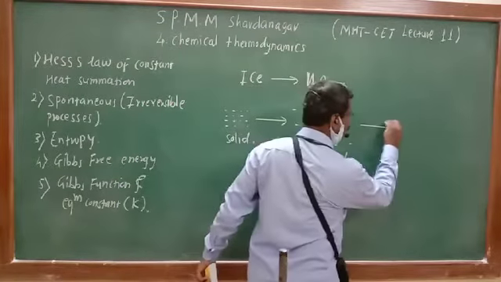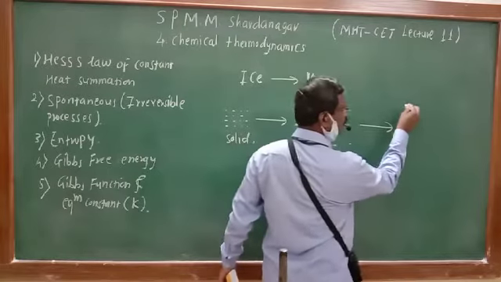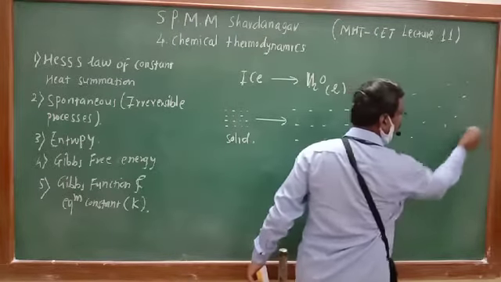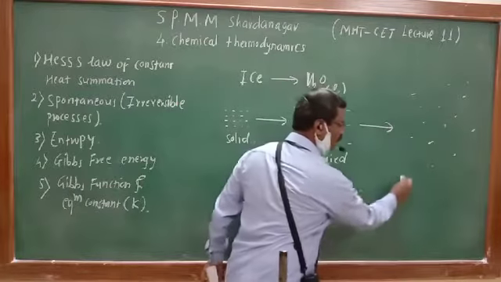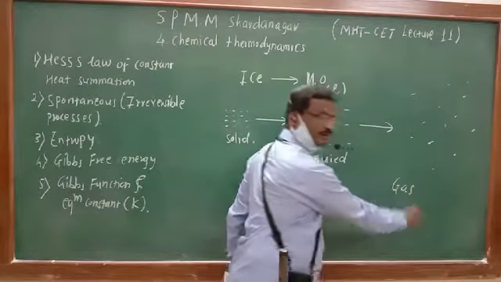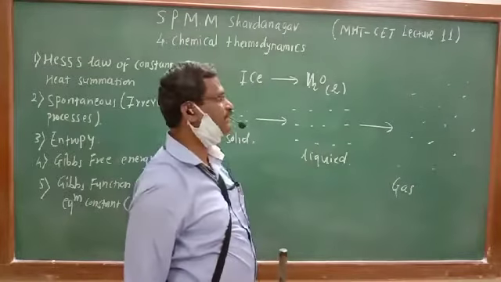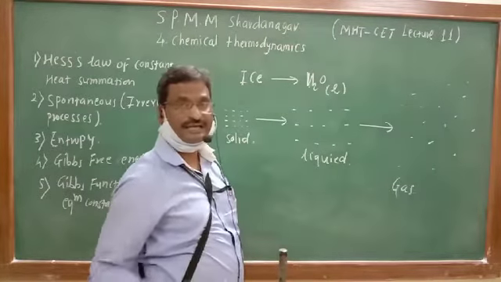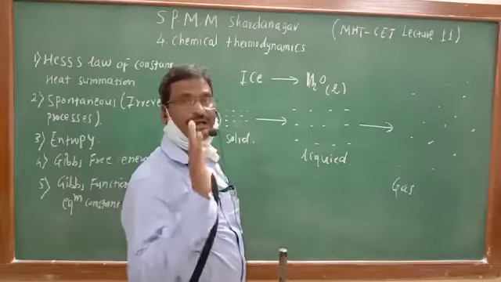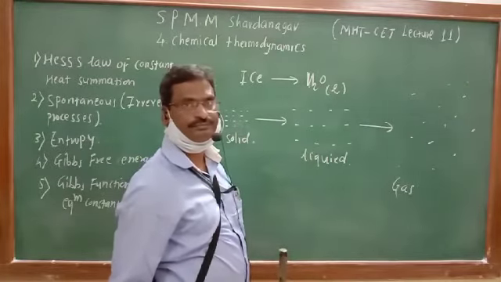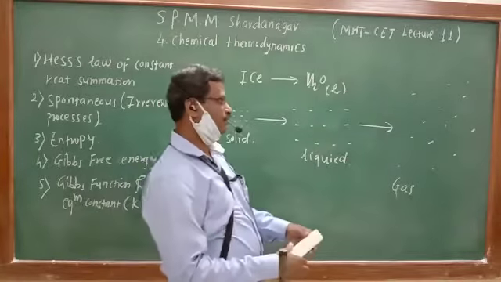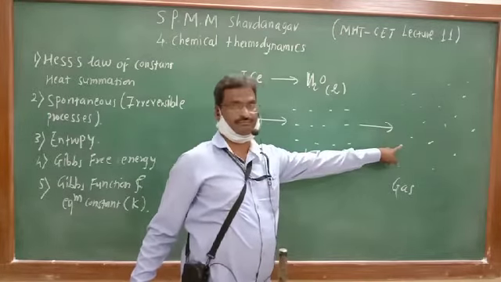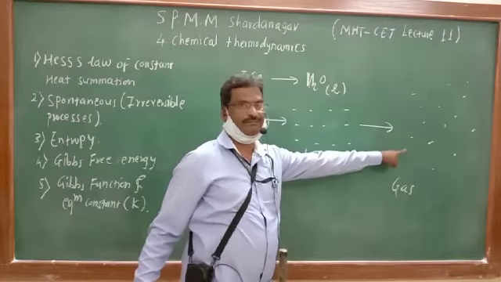Further, whenever liquid is heated and converted to gas, gas molecules are far away from each other and are continuously present in random motion. Therefore, entropy of gases is maximum entropy, maximum disorder.